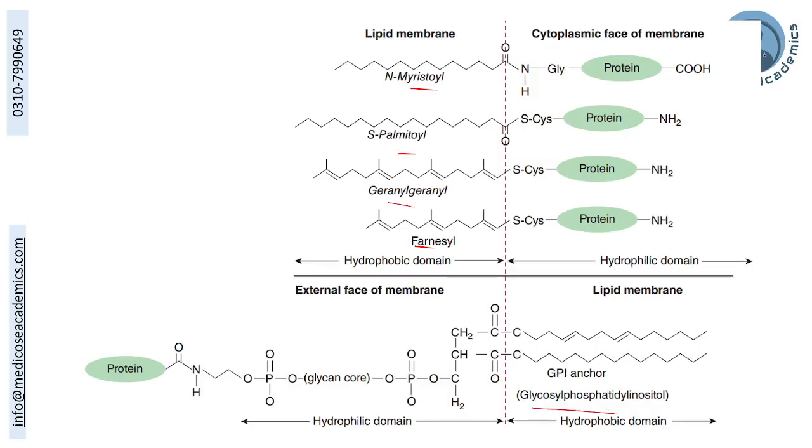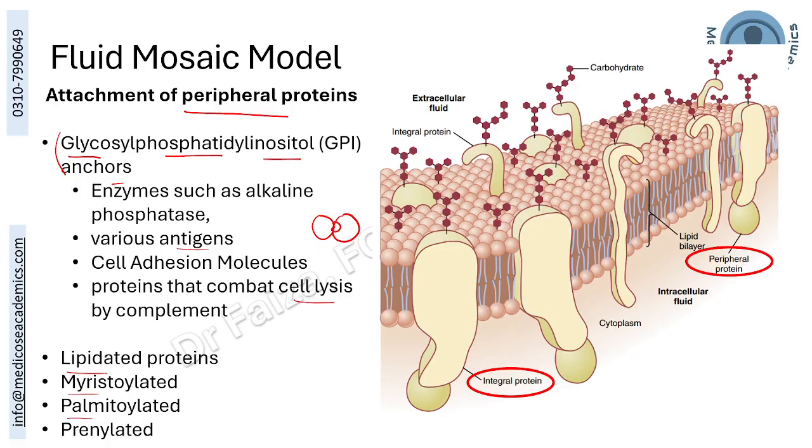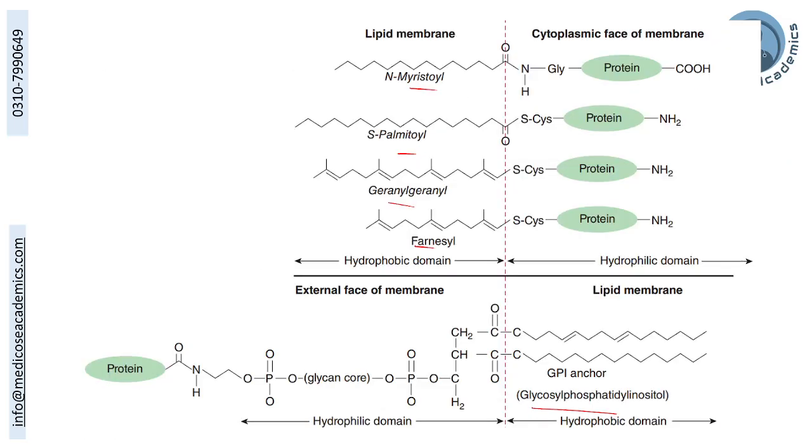And in summary, the peripheral proteins have mostly an enzymatic function, a function in immunity, function as adhesion proteins, and these can be attached to different types of lipid molecules and may be attached via the glycophosphatidylinositol anchor.